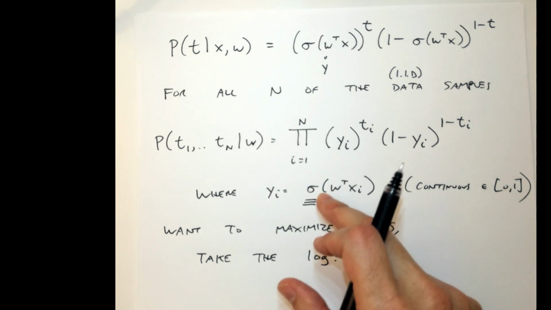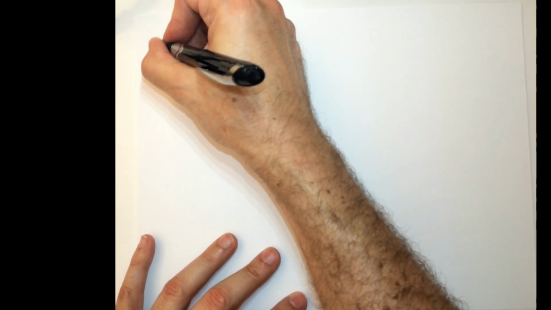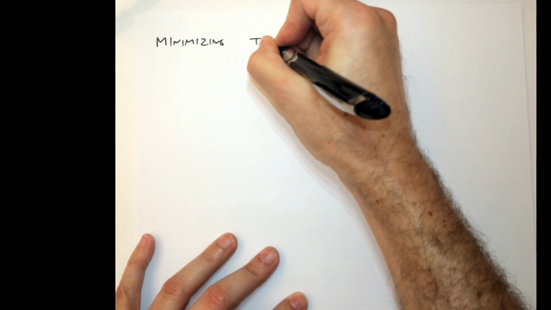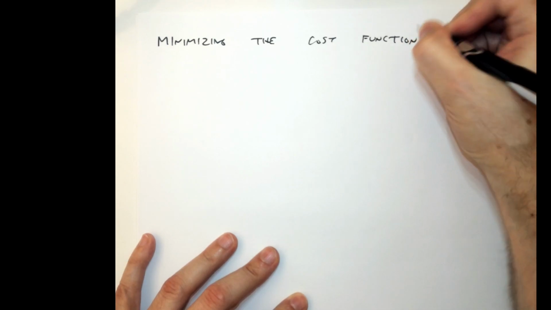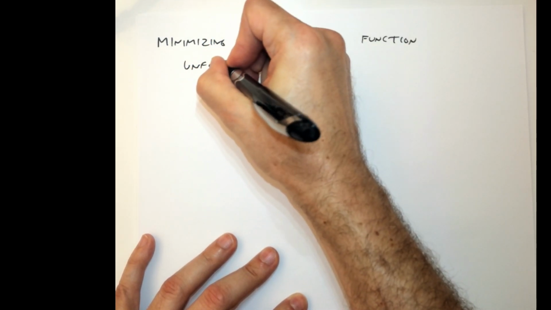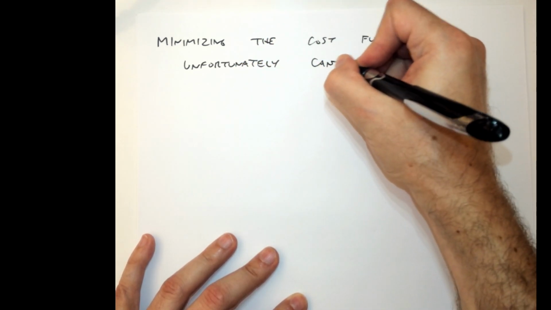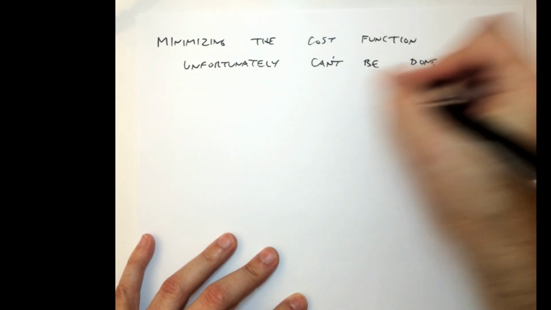Now I've got this weird e to the whatever function inside my cost function. So minimizing the cost function unfortunately can't be done in closed form.